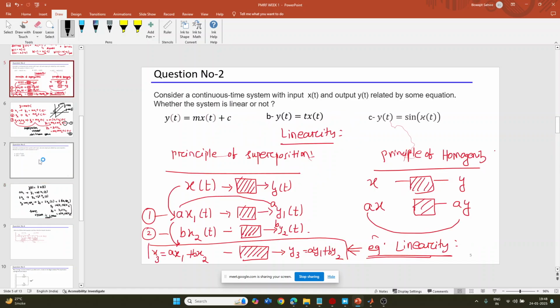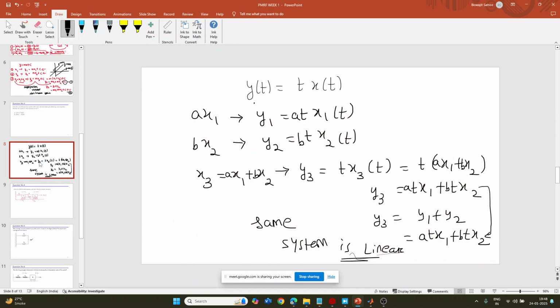Sir, for t we have to put 1, right? For x1 it's y1, and t implements t x1, right, sir? Yeah, t x1. I'm just taking everything with respect to time. Whenever I define input and output, it is always with respect to time.